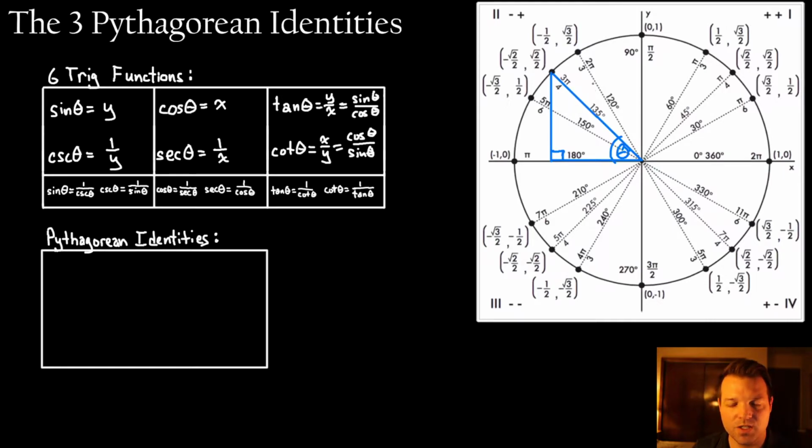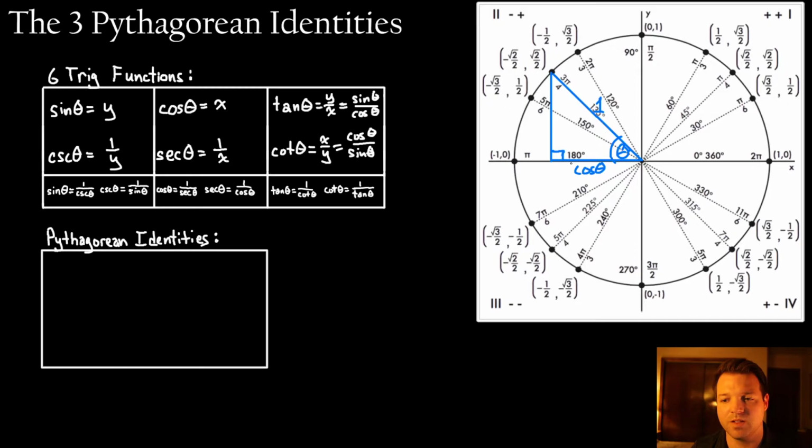And so by definition, the unit circle has a radius of 1, which means no matter where I put this reference triangle, the hypotenuse is going to be 1. Also, as we learned from previous videos, the x value for this coordinate is the cosine of this reference angle. So we'll write cosine of theta.